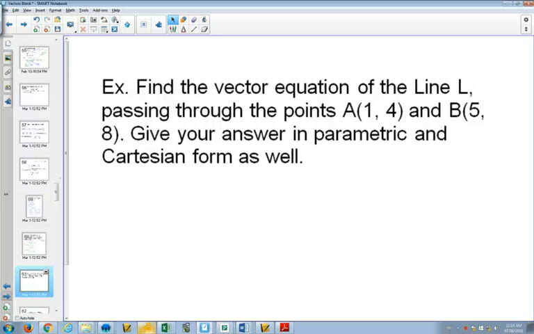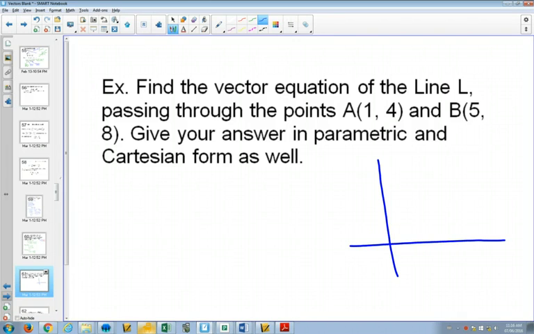Oh yeah, I want you to try this one on your own. So if we were to draw out a picture of what's happening here, we've got the point A, which is (1, 4), and the point B, which is (5, 8).